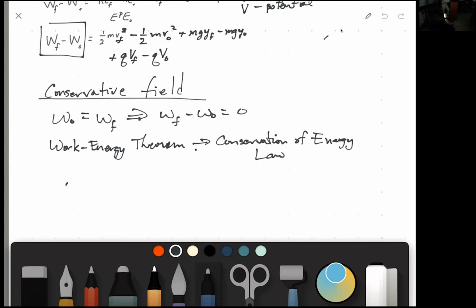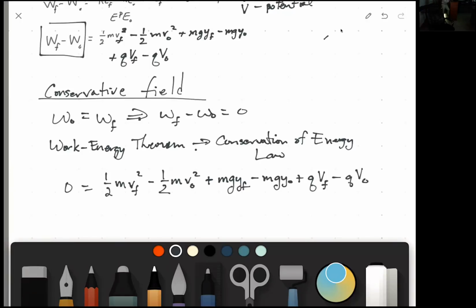So we end up with 0 equals 1/2 mv final squared minus 1/2 mv initial squared plus mgy final minus mgy initial plus q times v final, this potential, minus q times v initial.